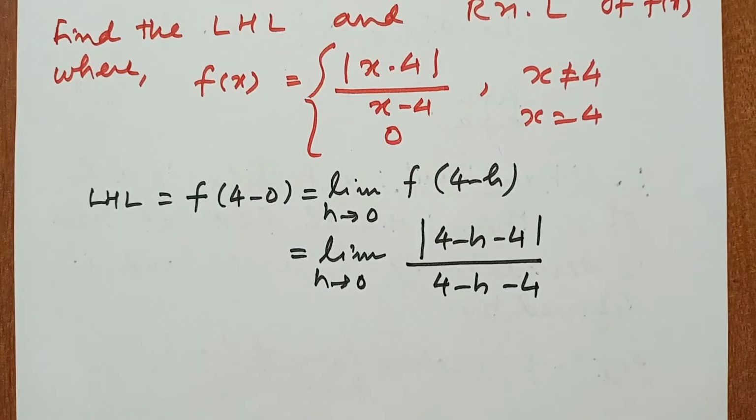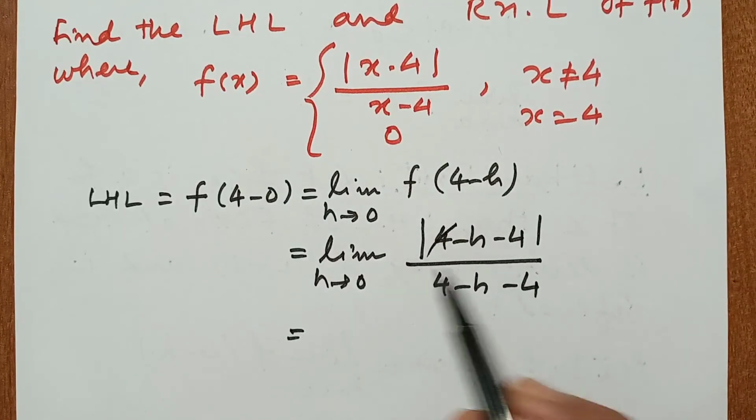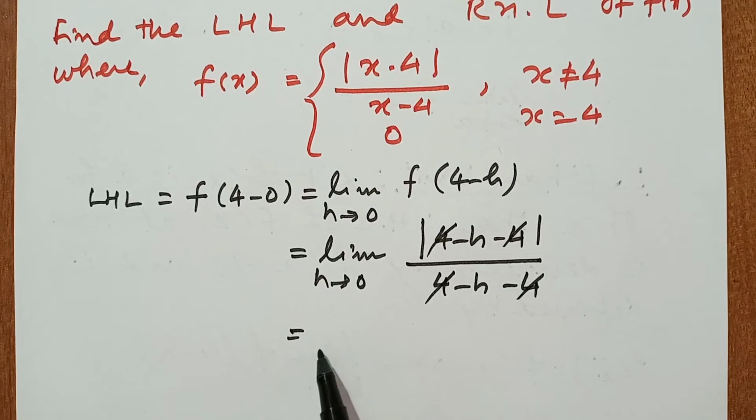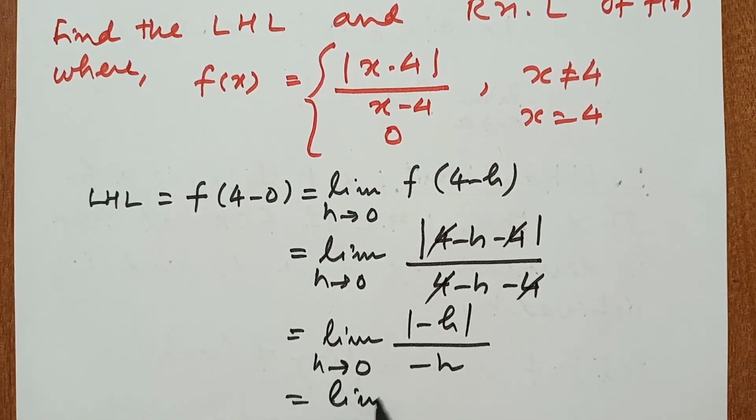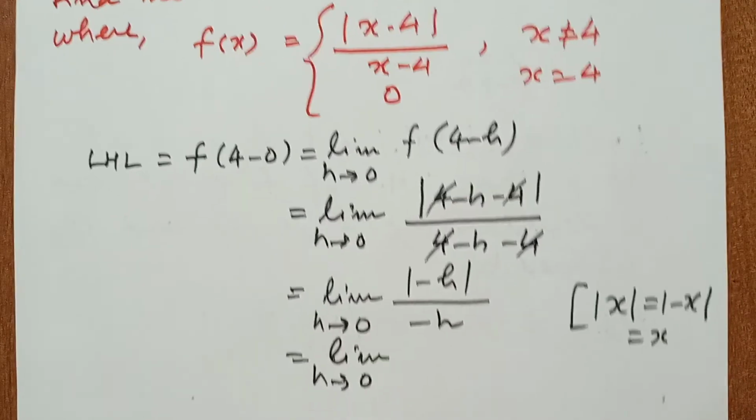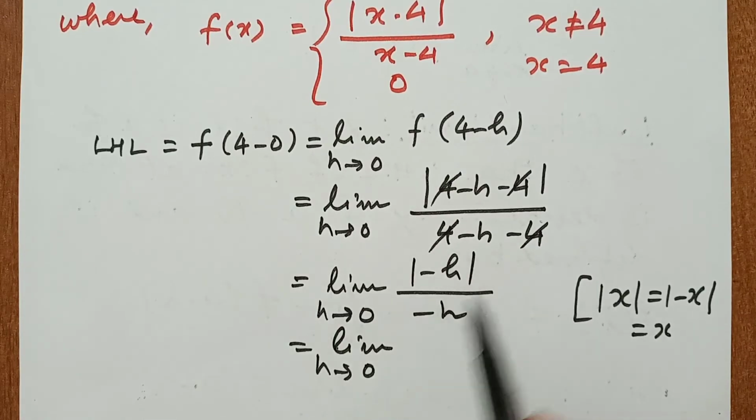The 4 cancels, so limit h tends to 0 mod of minus h upon minus h. By definition, mod of x is equal to x if x is positive. Since here h is greater than 0, this is positive, so h upon minus h, h cancels, and this is equal to minus 1.